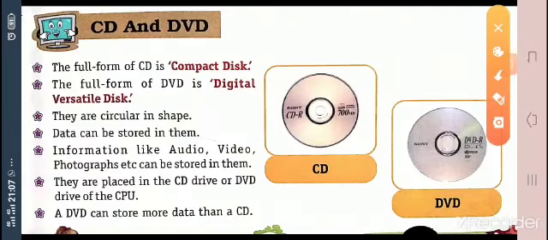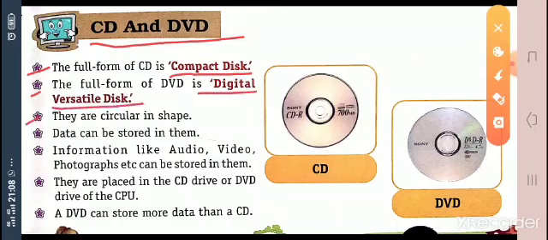Now next topic, CD and DVD. The full form of CD is compact disc. The full form of DVD is digital versatile disc. They are circular in shape. Data can be stored in them. Information like audio, video, photographs, etc. can be stored in them.